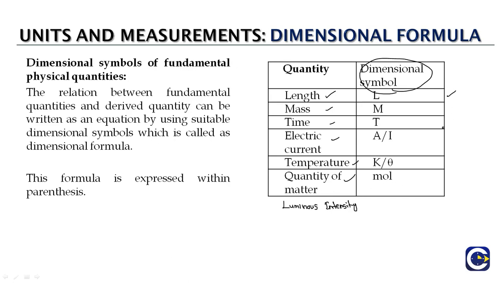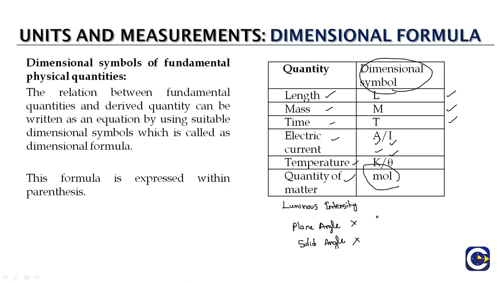The symbol for length is L, mass is M, time is capital T, electric current we can use either A or I, temperature we will use K or theta, and for quantity of matter or the amount of substance, the dimensional symbol is MOL. The two supplementary physical quantities, plane angle and solid angle, do not have dimensions, and that is how these two supplementary quantities are different from the fundamental physical quantities. So we can say they are actually dimensionless.